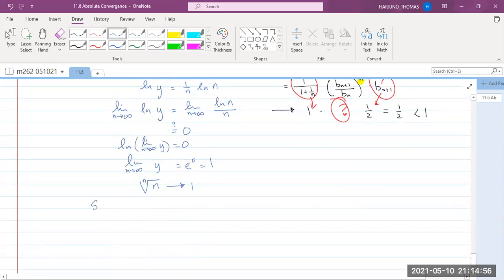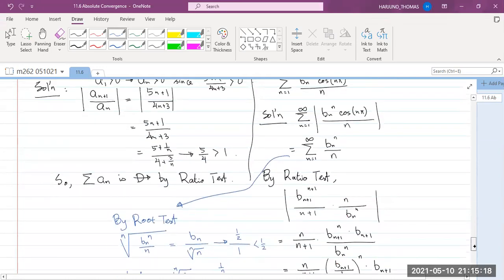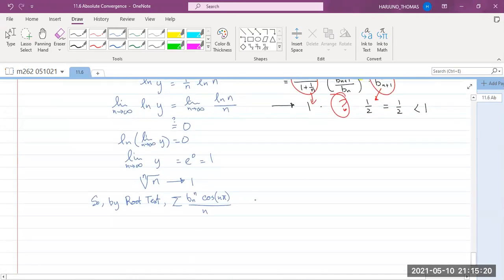So by the root test, the series b sub n to the n cosine n pi over n over n is absolutely convergent. Actually, I need to say something in between.